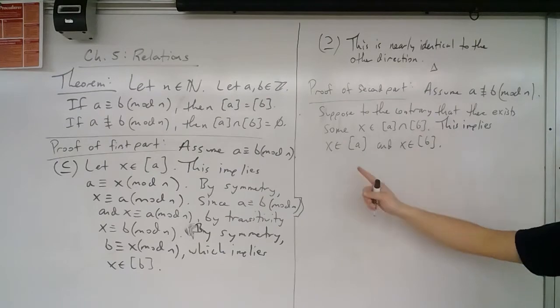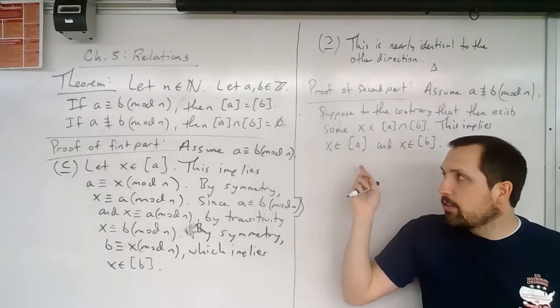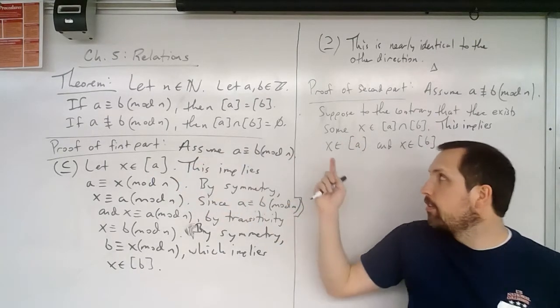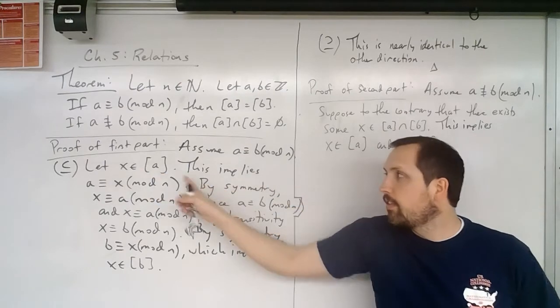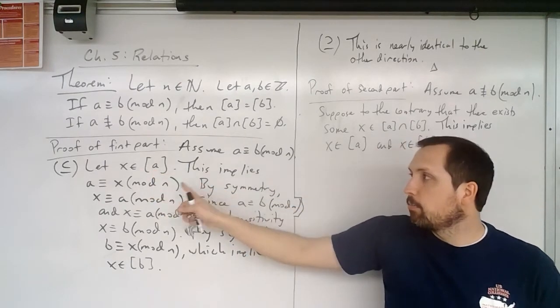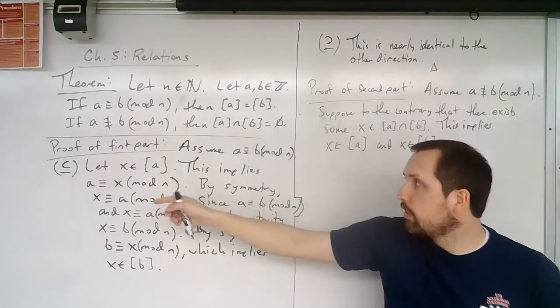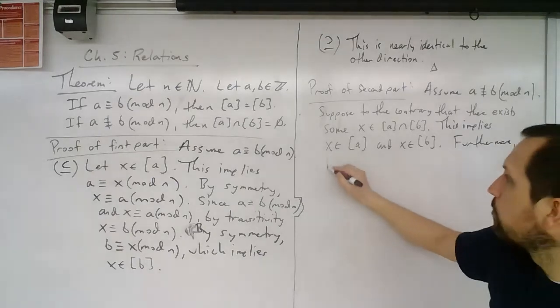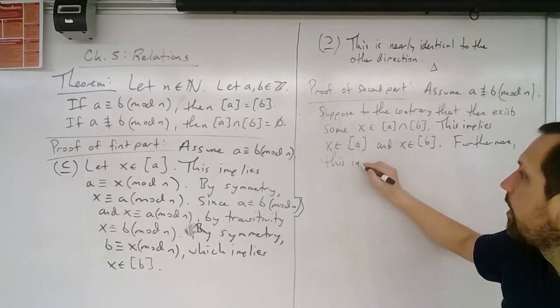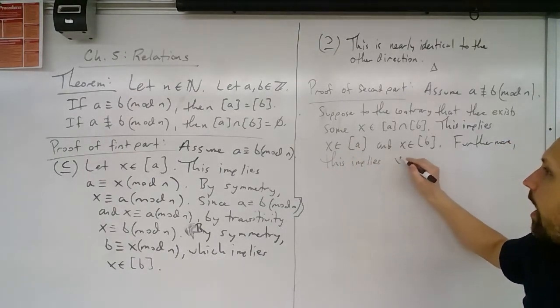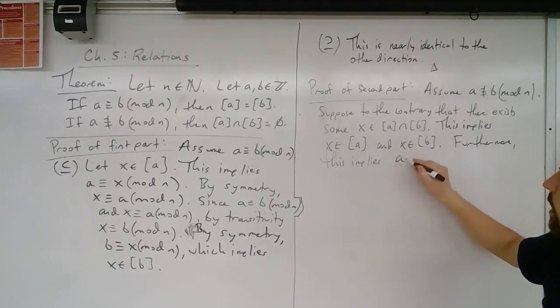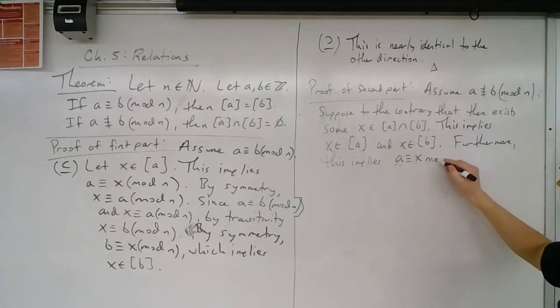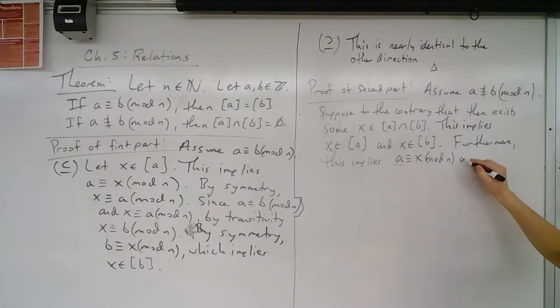So if X is an element of A mod n, or X is an element of this relation class, this is what it means. We said over here that this implies that A is congruent to X mod n. So then, furthermore, this implies that A is equivalent to X mod n.